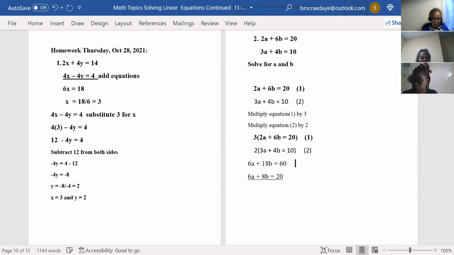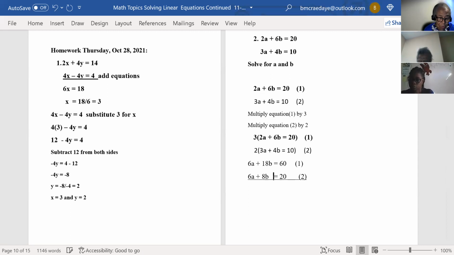I call this one equation 1 and this equation 2, and I want you to subtract equation 2 from equation 1.